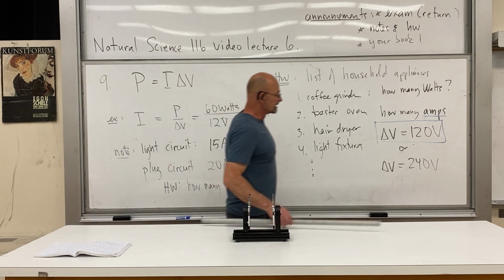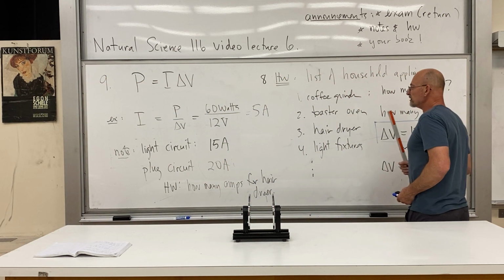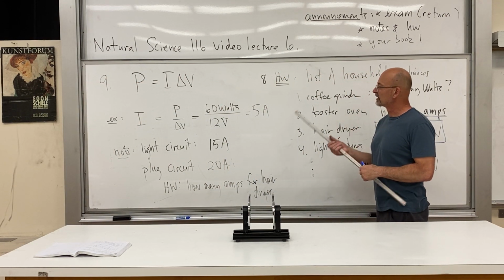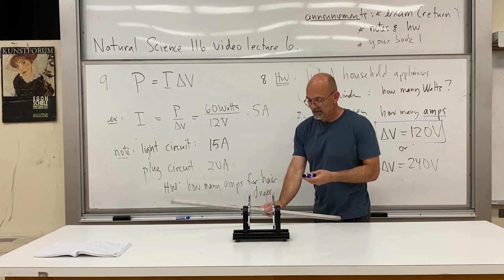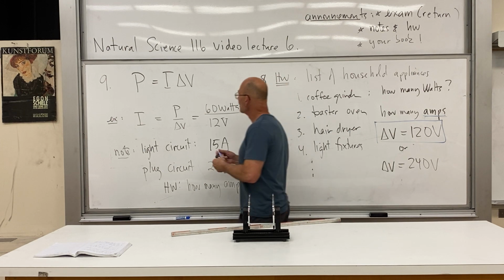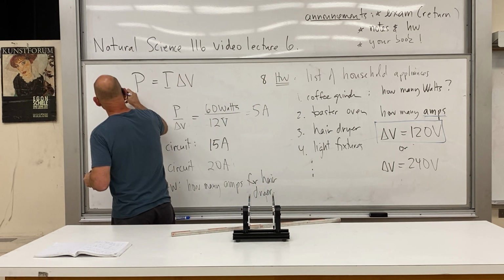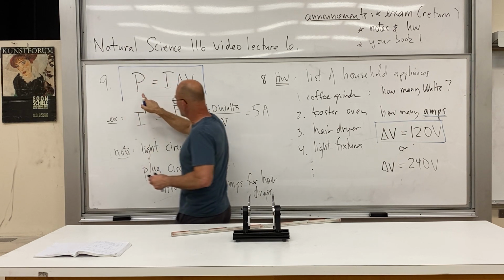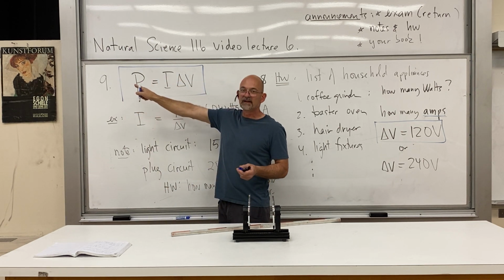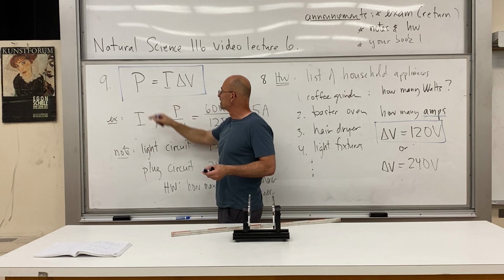Okay, let's see. Let's draw a resume of what we've done here. We've made it very systematically and principally into this power equals amps times volts formula. These are the wattages of everything you have running in your electrical life.